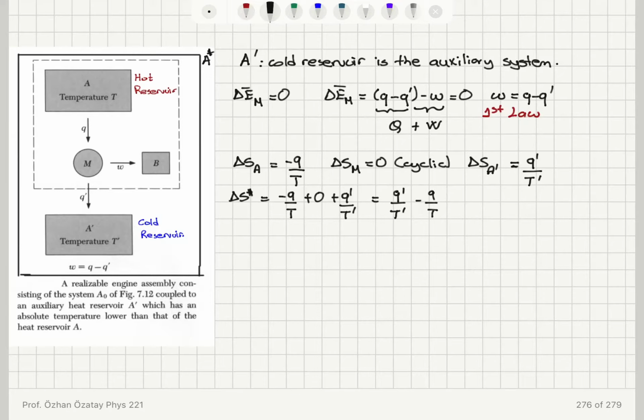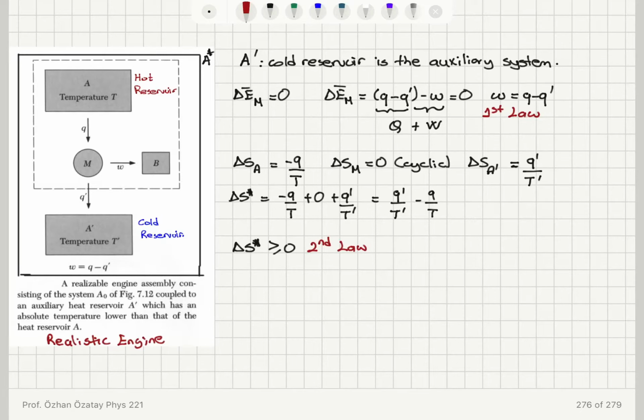So basically this has to be greater or equal to 0 for the engine to be realistic. So I'm looking for a realistic engine here, and in order to have compatibility with the second law of thermodynamics, the total entropy change, delta S star, must be greater or equal to 0, second law.